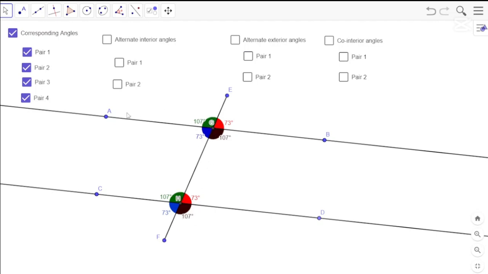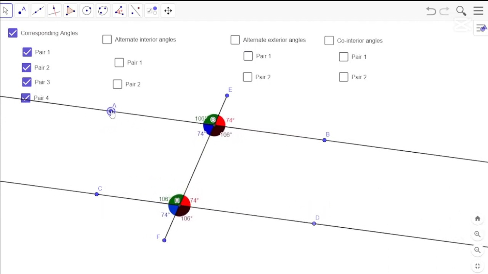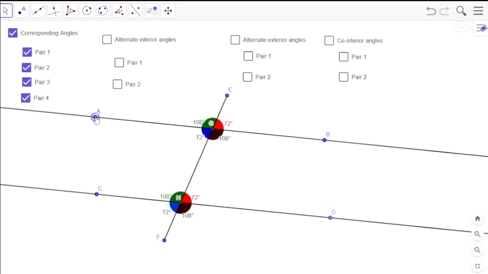We can see that angle AGE is also congruent to angle CHG, and angle CHF is congruent to angle AGH. So let's verify. As we change the positioning, the angles remain the same.